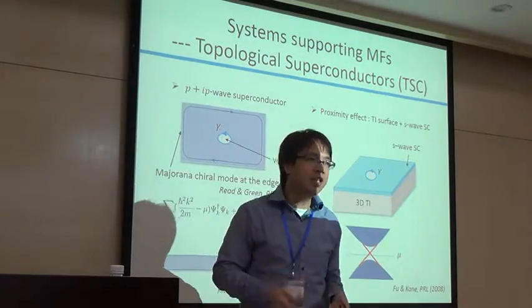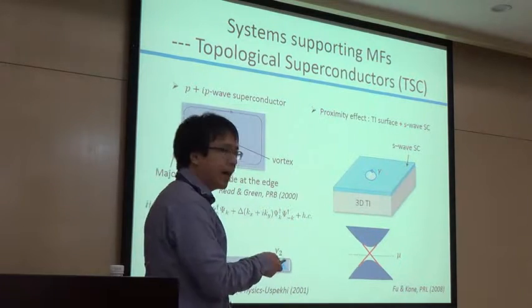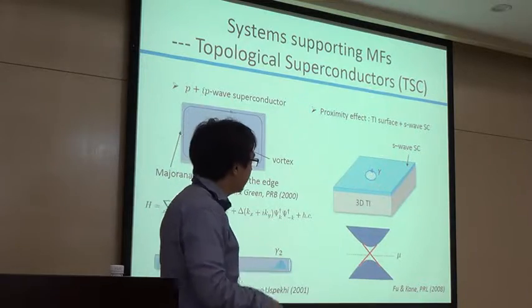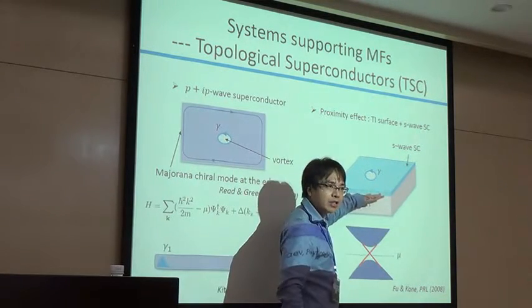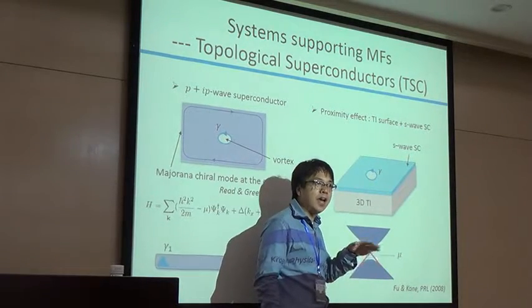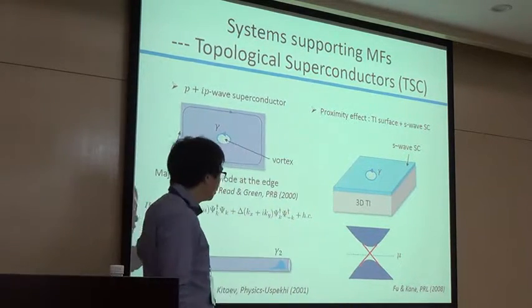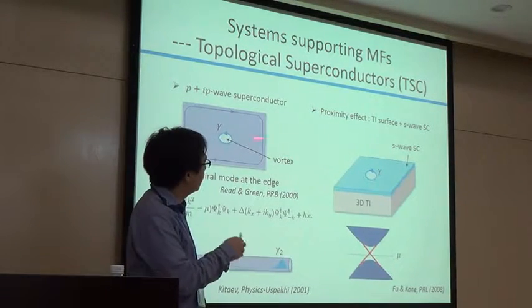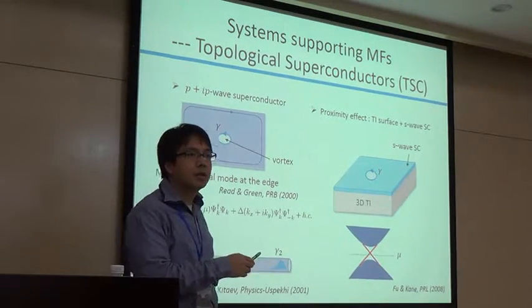So indeed, if you write down the Hamiltonian of this superconductor with the surface state, you actually find that the Hamiltonian can be mapped to this one. They can map to each other. So what does it mean?